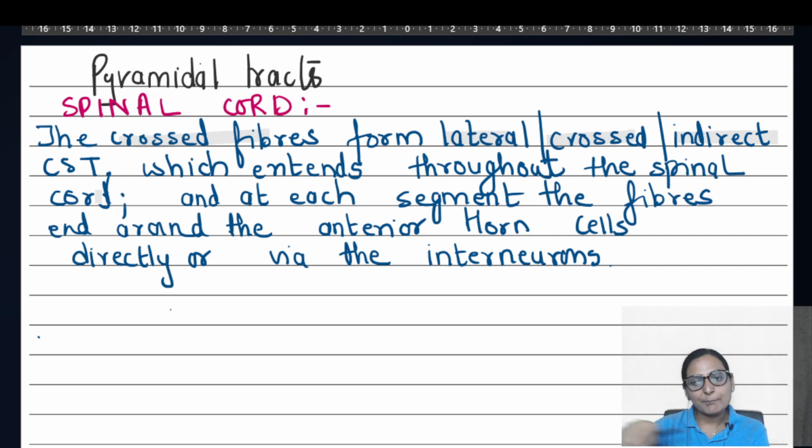At each segment, some of the fibers will leave and end either directly on the anterior horn cells or via interneurons. Going further down, the fibers will keep on ending on the anterior horn cells either directly or via interneurons. And once it has crossed after forming the pyramids, now there will be no crossing.